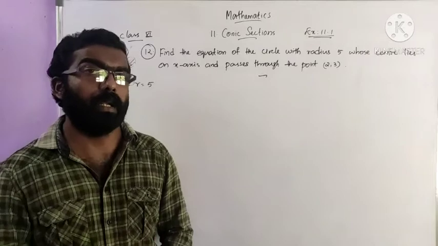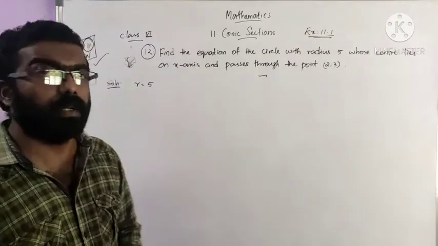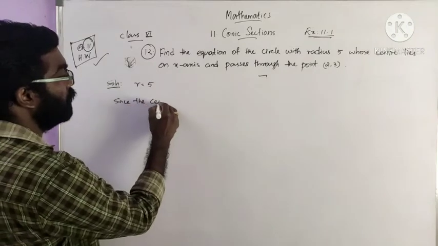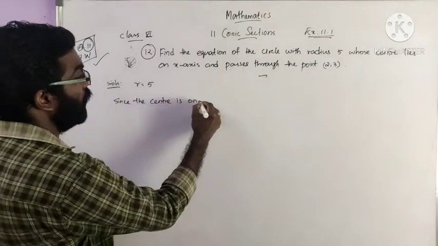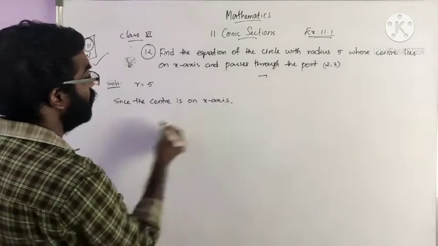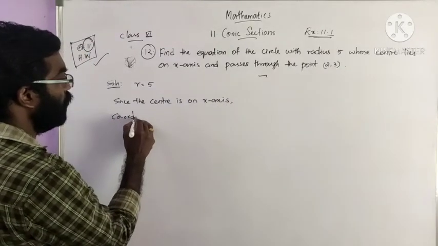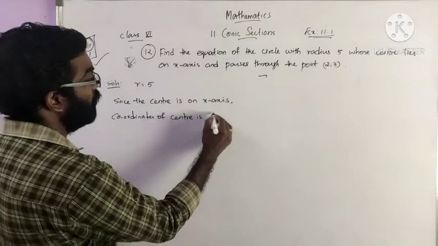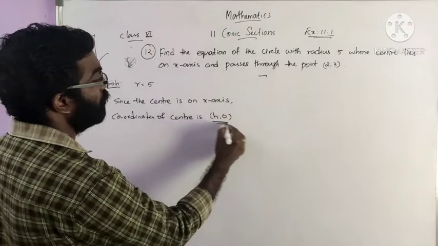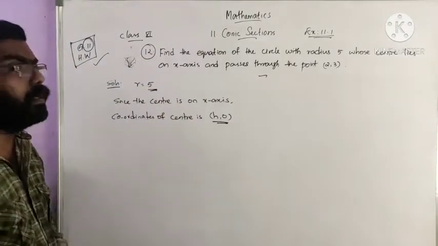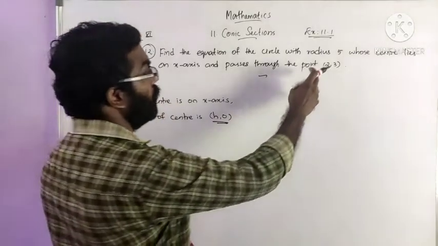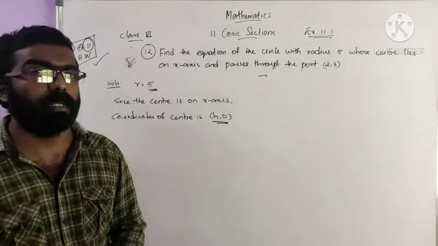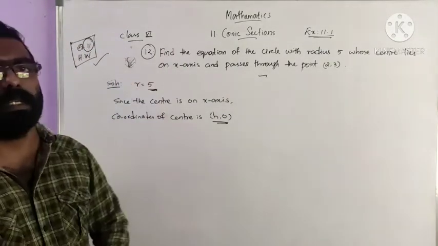So here we can write the coordinate of the center as h comma 0, since the center is on the x-axis. And the circle passes through the point 2 comma 3. We have to find the circle which passes through the point 2 comma 3, satisfying these two conditions also.